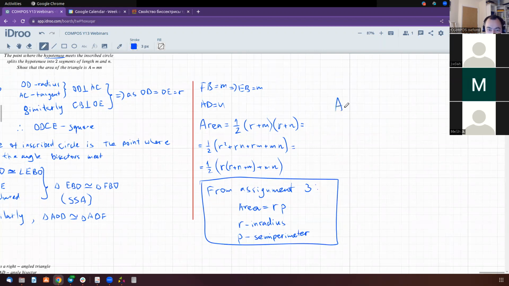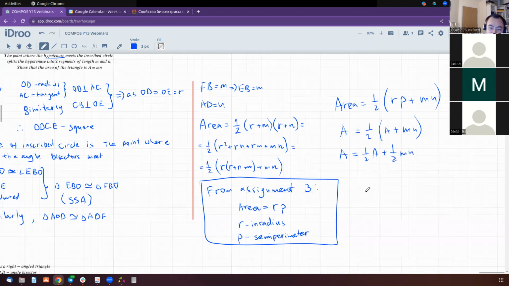So we have area is equal to 1/2 multiplied by r times semi-perimeter plus mn. And we know that this is the area of the triangle. So area equals 1/2 area plus 1/2 mn.